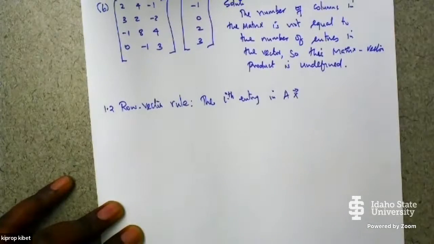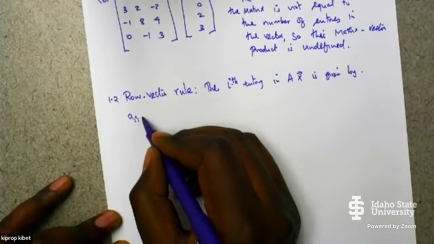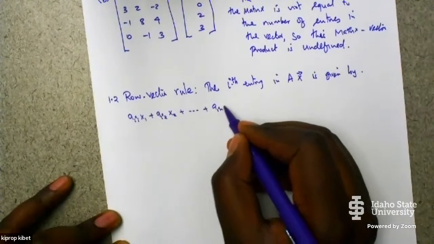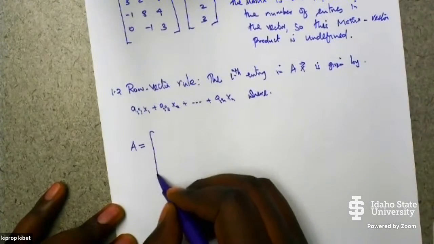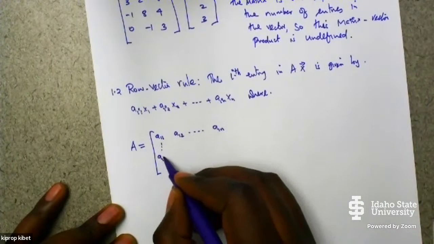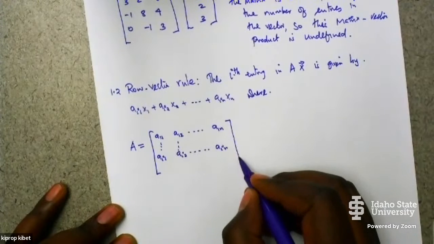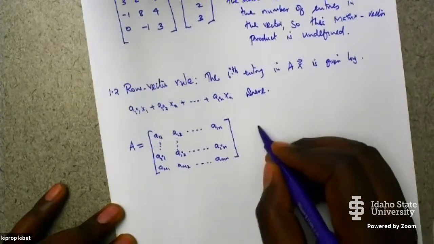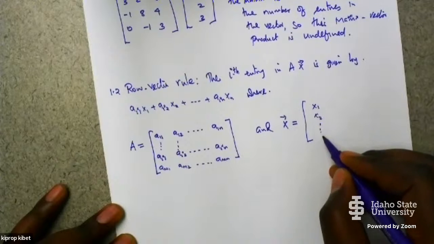The I entry in Ax is given by A_i1 x1 plus A_i2 x2 plus up to A_in xn, where A equals A11, A12, A1n, Ai1, Ai2, Ain, and this one is Am1, Am2, Amn, and x equals x1, x2, and there is xn.